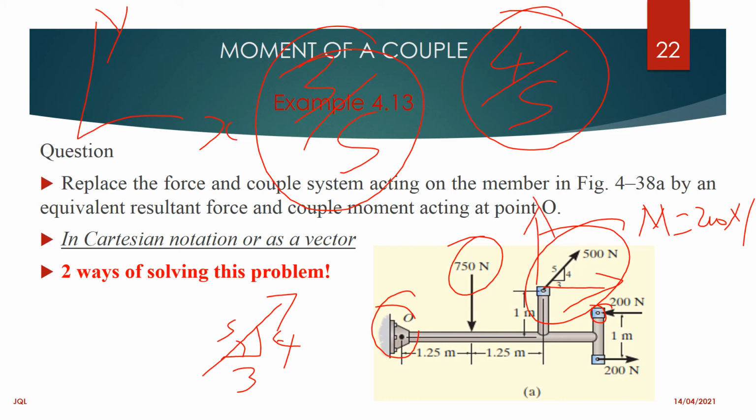When you add that, 1.25 plus 1.25, that happens to be the x component. Then the other one, the y component. Then the x component will be just 1. Multiply times that. Then you get what you have there.